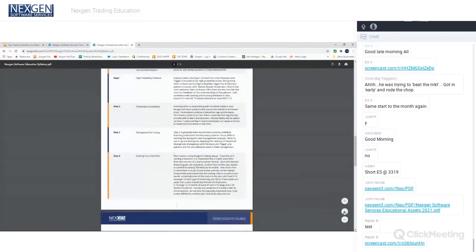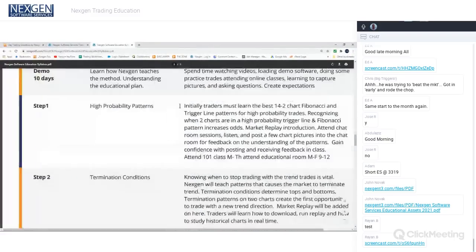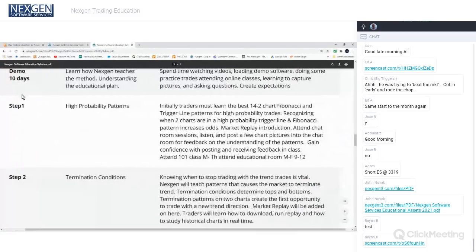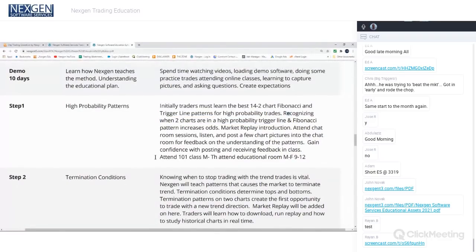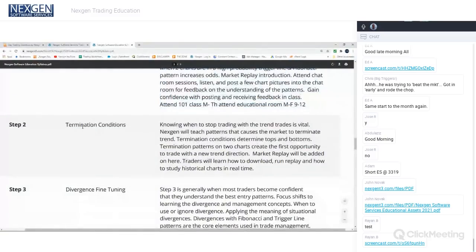The first step, which we're doing today, is learning fib and trigger line reading patterns for when it's okay to keep going or stop. Once you understand reading just your fibs and triggers, then you can start adding in that thought process for knowing when to stop trading.